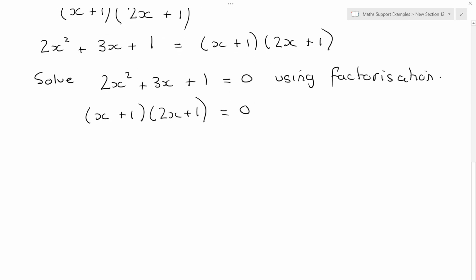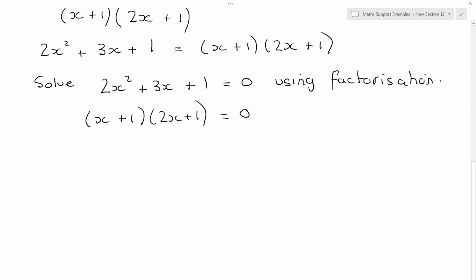Now to solve this, we need to find what value of x makes each of these brackets equal to 0. So we'd like x plus 1 equal to 0, and the second solution is when 2x plus 1 is equal to 0.